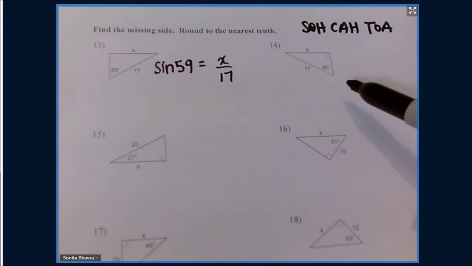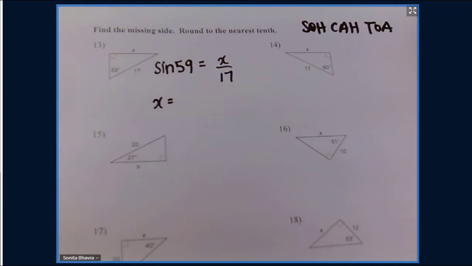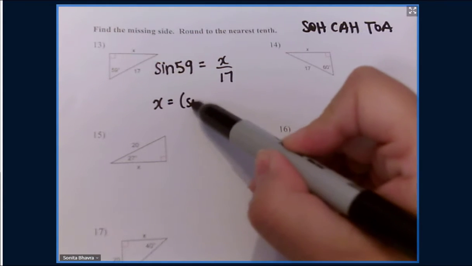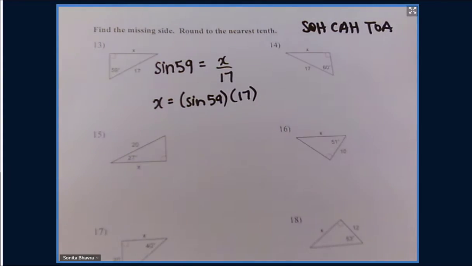Okay, so here in this case, we just have to use cross multiplication, or you can use algebra to solve for x now. And so we're just going to type into our calculator sine 59, and then you're going to multiply by 17. Sine of 59, and then multiply by 17.